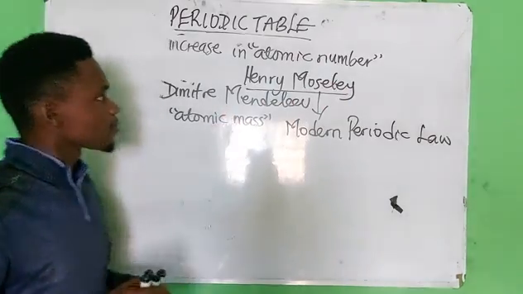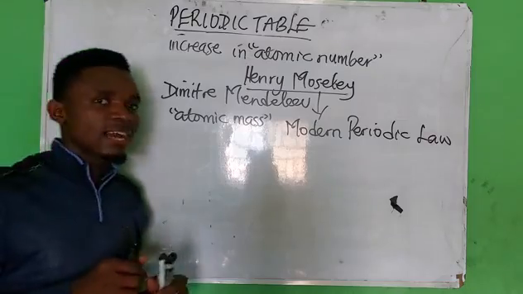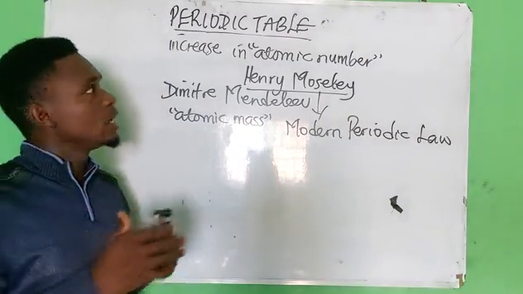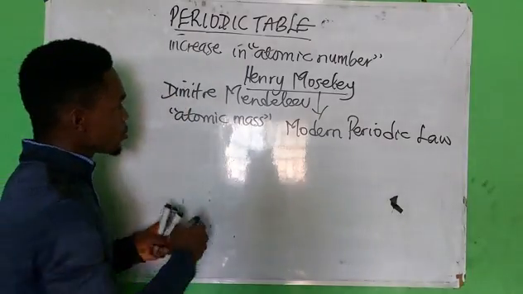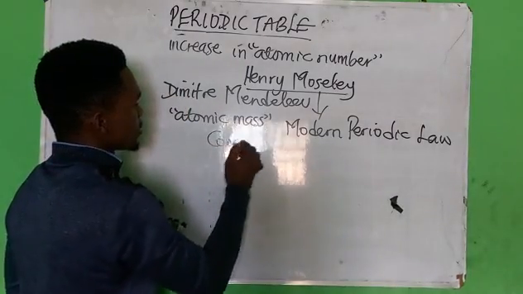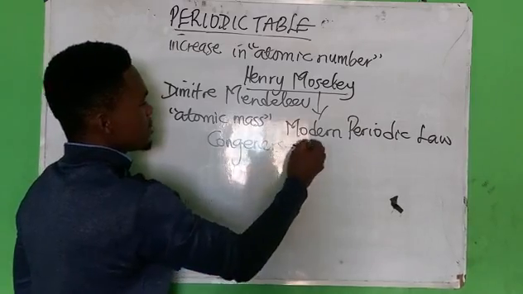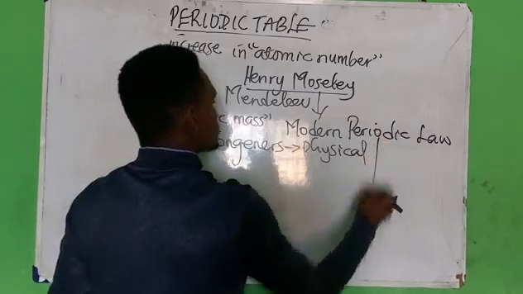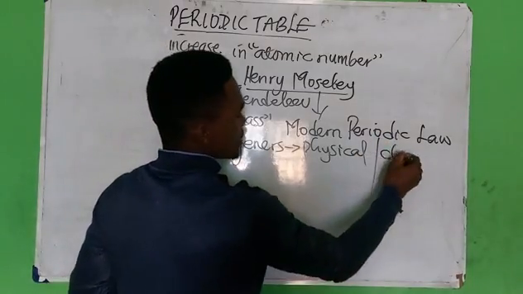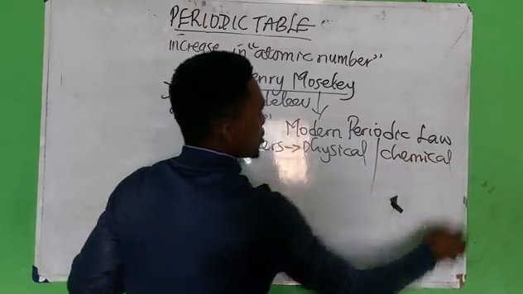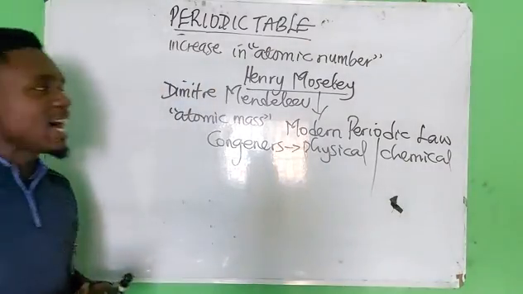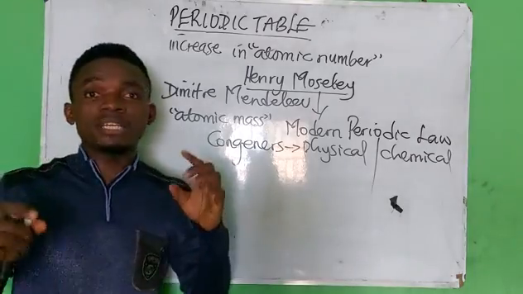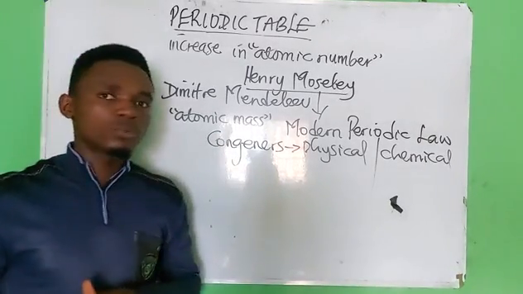Now, elements that are found in the same position in the periodic table are called congeners, and they have similar physical and chemical properties, which means that they have the same valence electrons in their outermost shell.